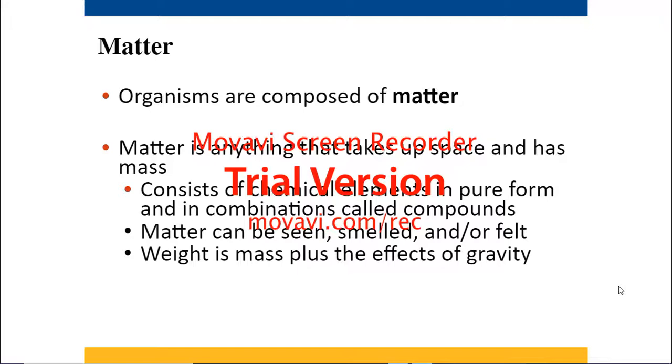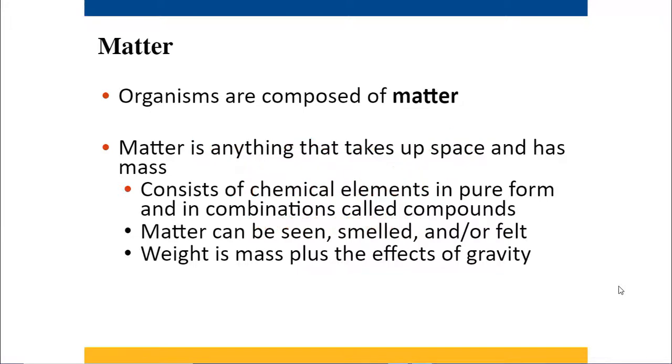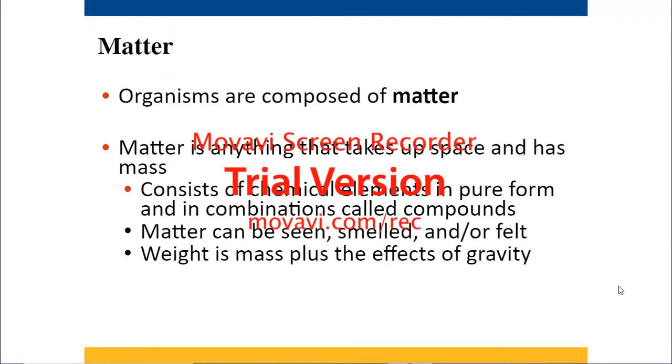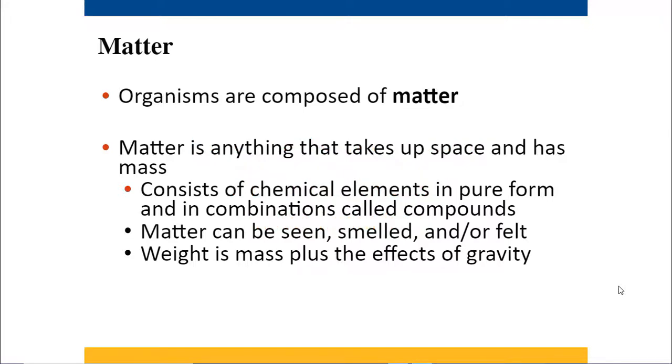So your weight changes depending on where you are located in space. Your weight on the Earth is going to be different than your weight on the moon, and your weight on Jupiter is going to be different than on the Earth or the moon. Essentially, the force of gravity is going to be dependent on how large the object is.